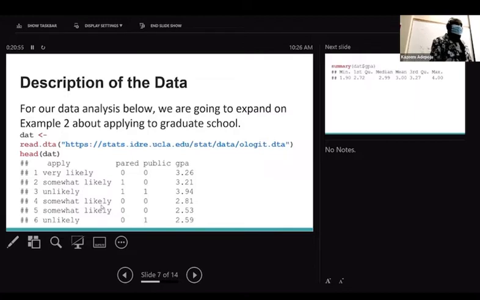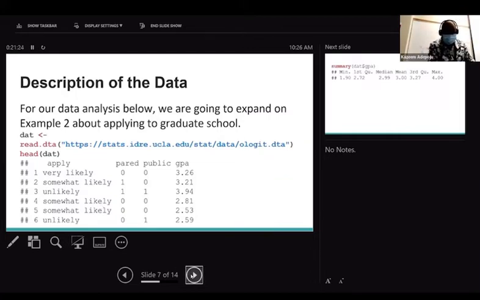It's either very likely, somewhat likely, or unlikely. And of course, PARED is the parent educational status. And public is categorical: they attend either a public school or a private school. And GPA is the current GPA. We've got 3 predictors. Take a look at it.